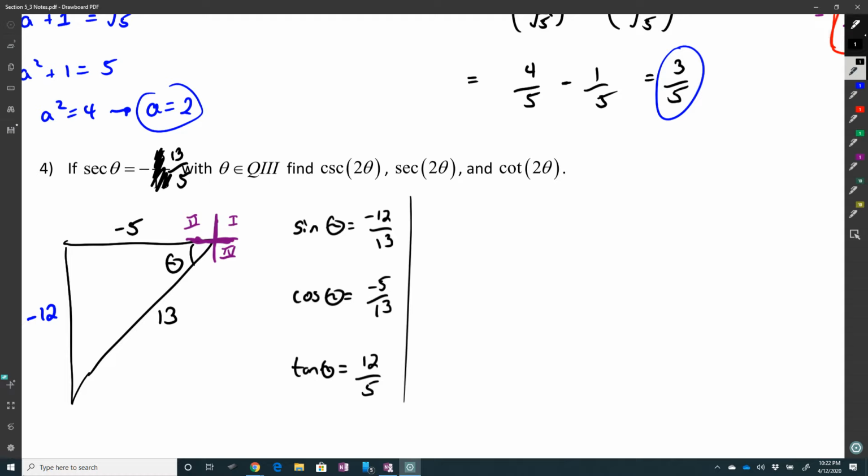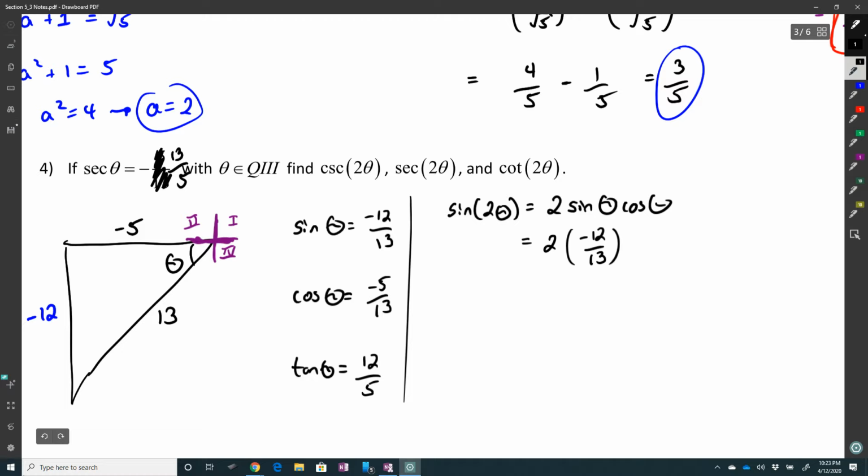So cosecant, I'm just going to find sine first, and then I'm going to flip it. So this is 2 sine theta cosine theta. 2 sine theta is negative 12 over 13. Cosine theta is negative 5 over 13. Remember that this is a 1. So here I have, let's see, 10.